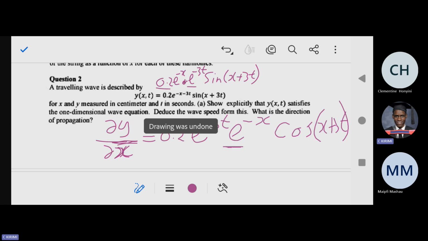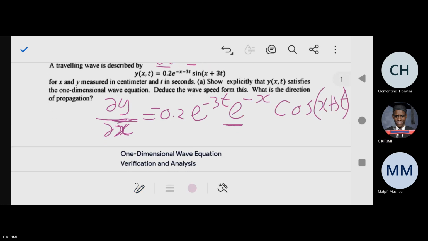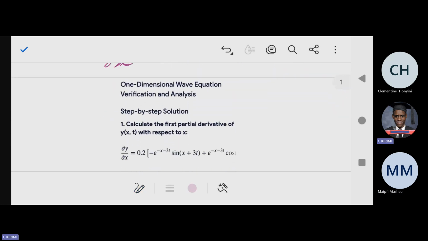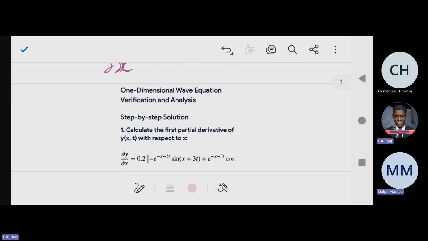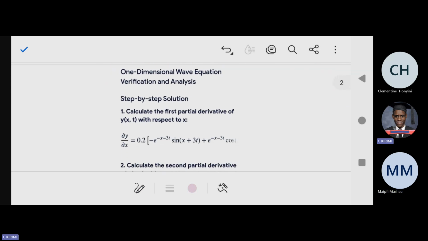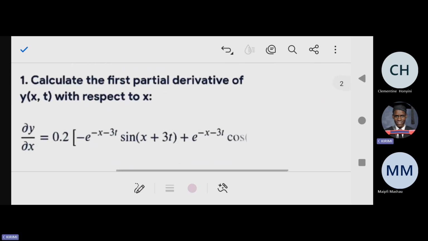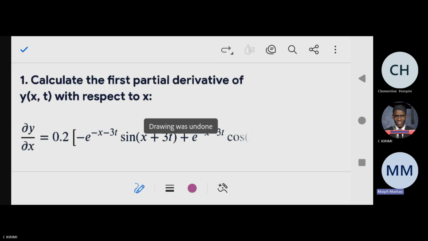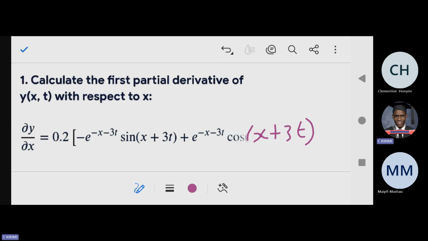Okay, are we happy? Yes. That is our first partial derivative of y with respect to x. So we come here. Here is cos x plus 3t, bracket, and then you close.